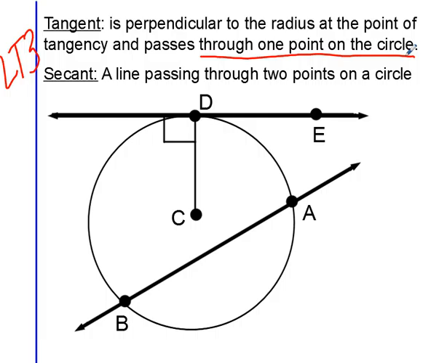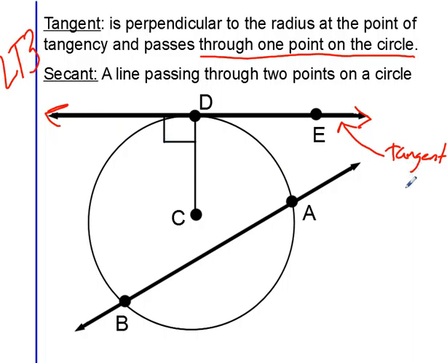So looking at the example below, we see that the line DE is touching the circle at only one spot. That makes this line a tangent. And since it is a line and it continues forever in both directions, because of these arrows, we're going to name it by using those symbols, arrows in both directions.